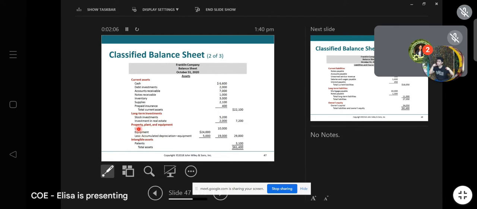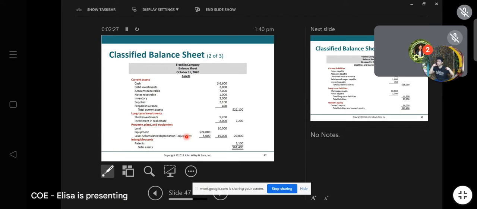Instead of listing the equipment, less accumulated depreciation, building, less accumulated depreciation, what we will do here is put land at its total acquisition, the historical cost, equipment at historical cost, building at historical cost, and then less accumulated depreciation, with the total.